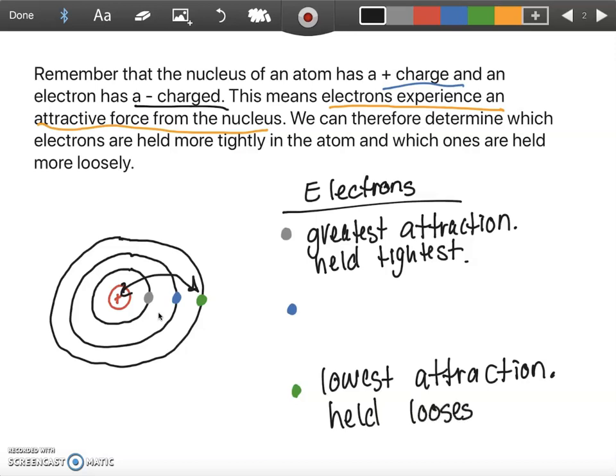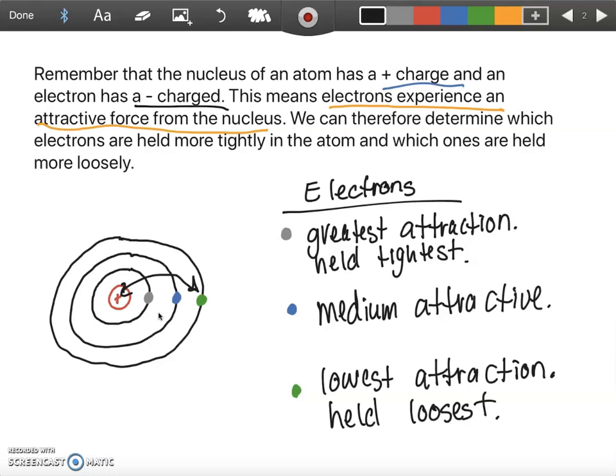Okay. These outer electrons, these valence electrons, are very easily removed because they're so far from the nucleus. And then the middle electron, the blue one, is kind of just in the center. It experiences a medium attractive force. But because it's a core electron, it's still very hard to get out of there.